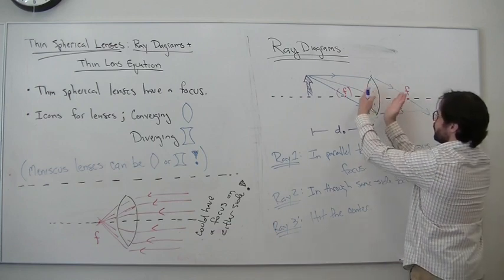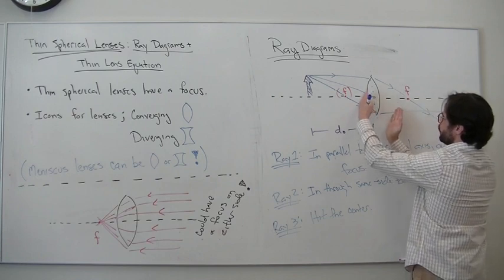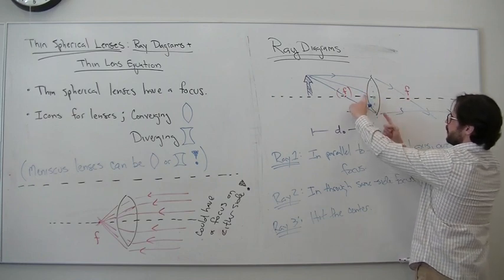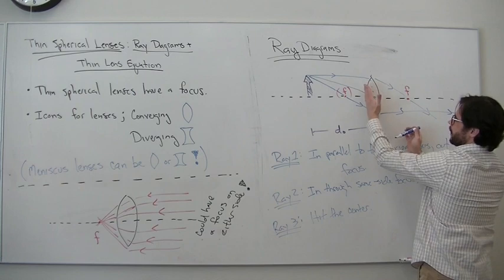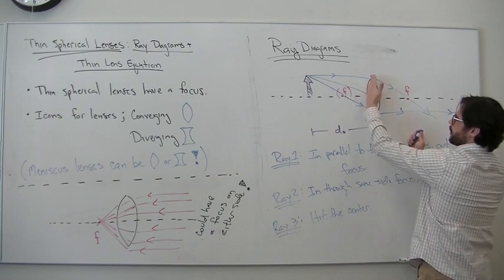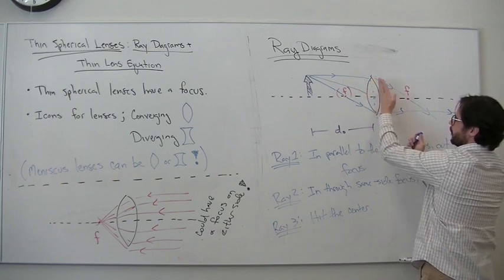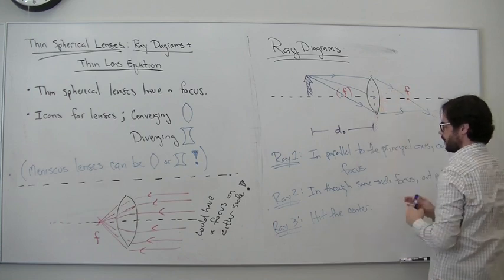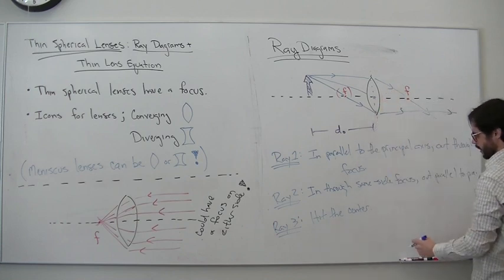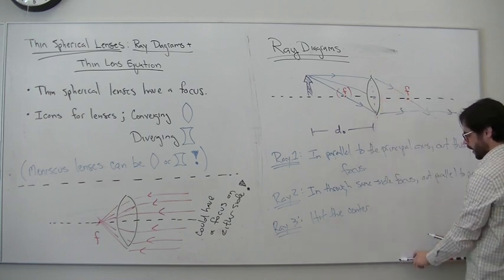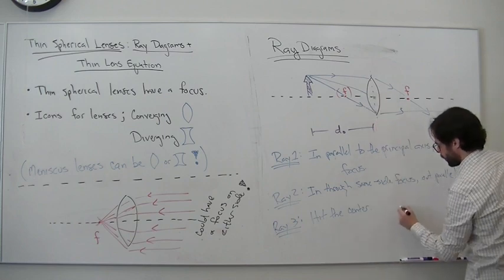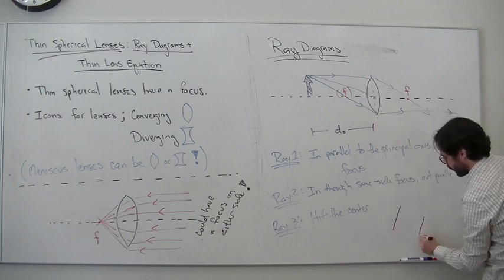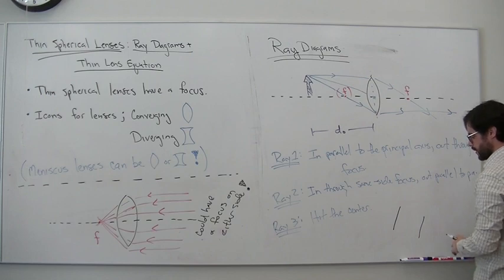But the short argument for what happens is that if I really look closely at this part of the lens, I'm a little bit above the principal axis, so I'm curved this way. And here where I leave, I'm a little bit below the principal axis, so I'm going to be curved that way. So effectively, if I zoom way, way in on this, I'm going to have what's effectively 2 parallel sides.